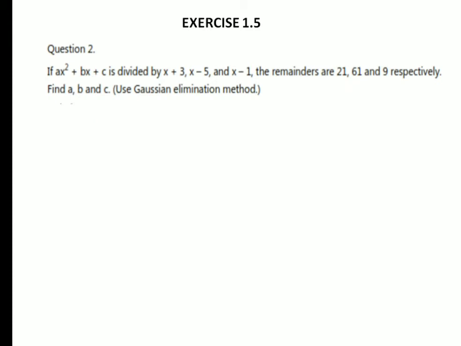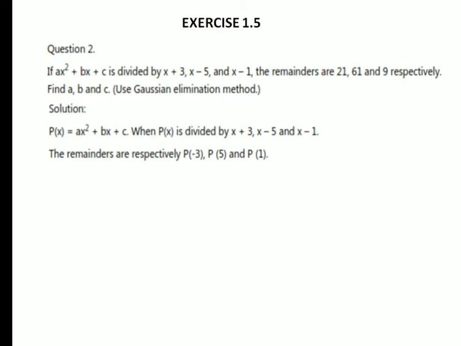Second question. If ax square plus bx plus c is divided by x plus 3, x minus 5 and x minus 1, the remainders are 21, 61 and 9 respectively. Find a, b and c using Gaussian elimination method. Solution. p of x equal to ax square plus bx plus c.